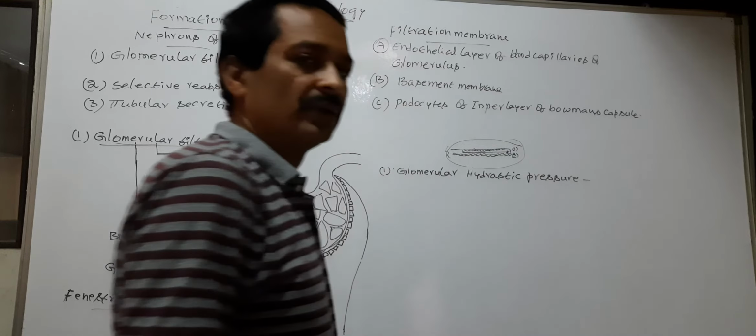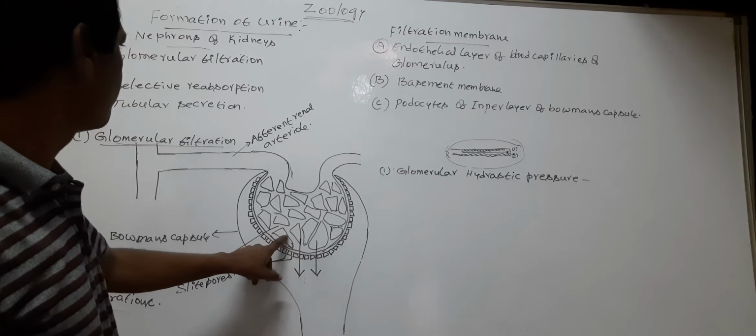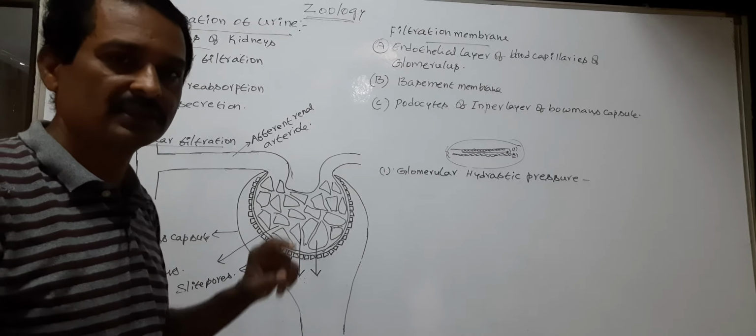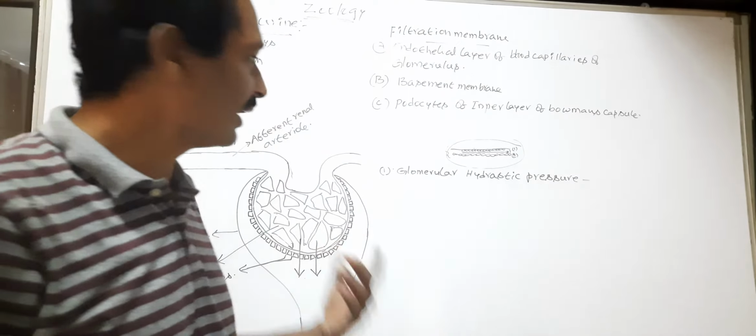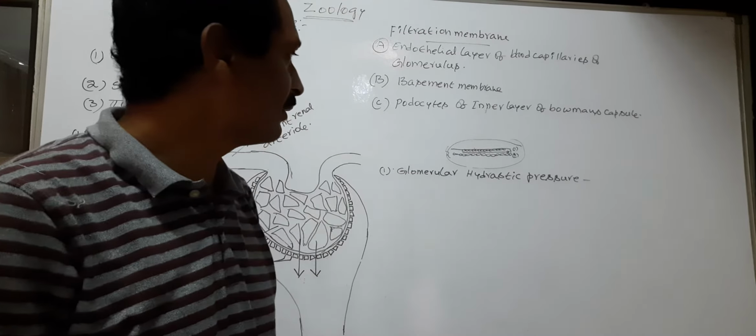So the blood which flows through the blood capillaries of the glomerulus generates or contains glomerular hydrostatic pressure.